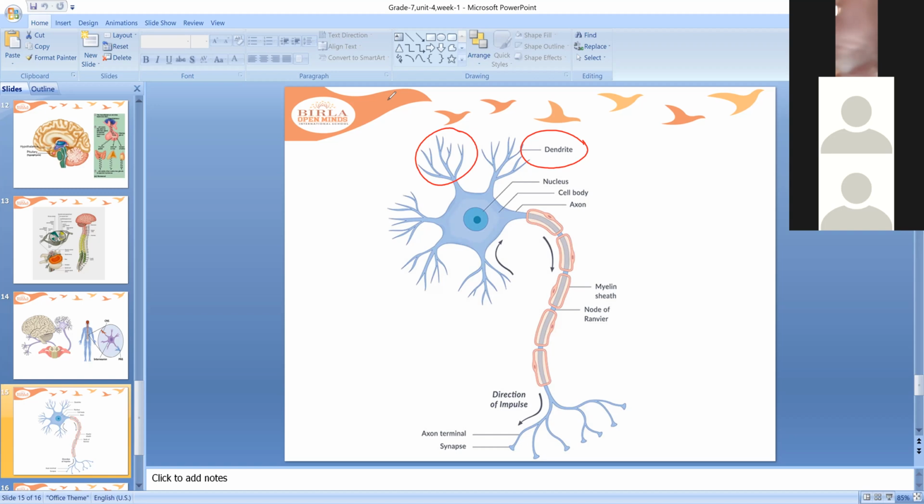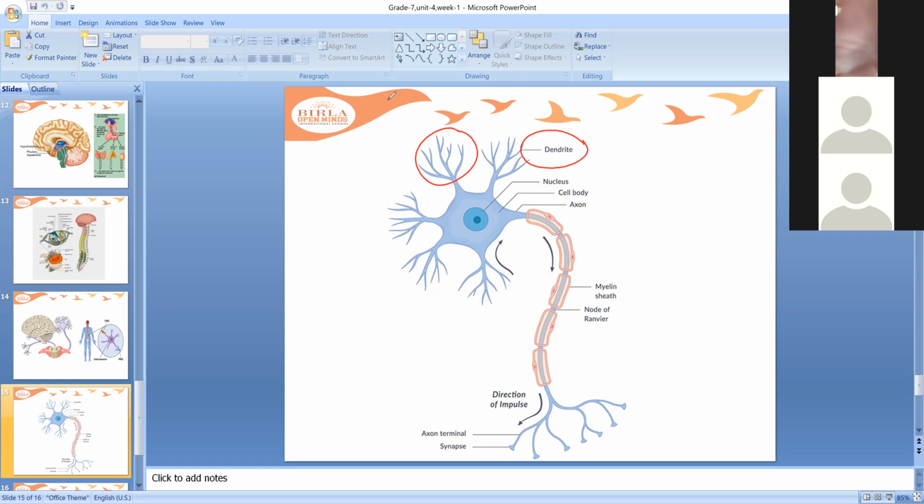Nerves send signals between the brain, spinal cord, and other body organs via nerve impulses. A nerve contains axons and dendrites. So these nerves send signals between the brain, spinal cord, and the other body organs.